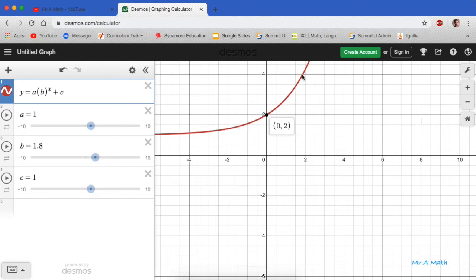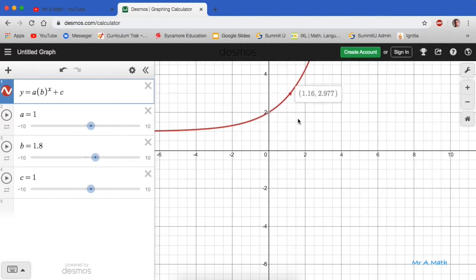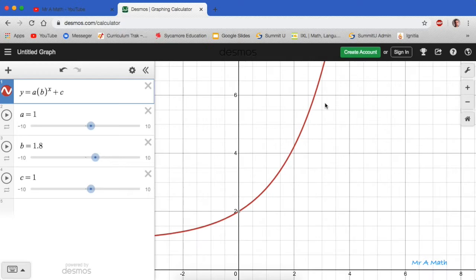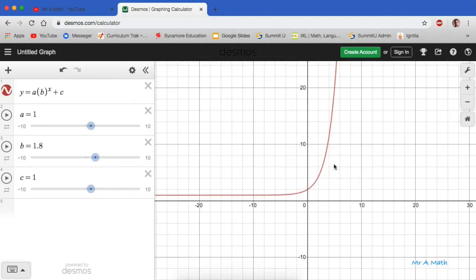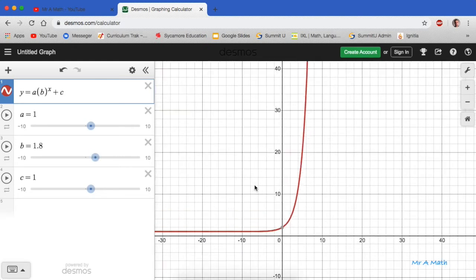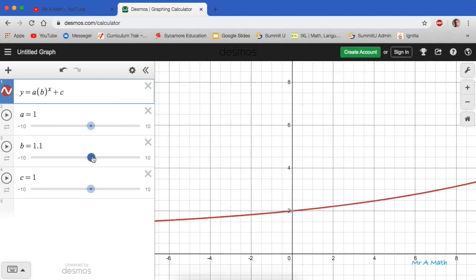And if I go up here to a different point, let's say right here, we can see the slope of this line is much steeper. And if I continue to zoom out, the farther up I go, it's going to be even steeper.